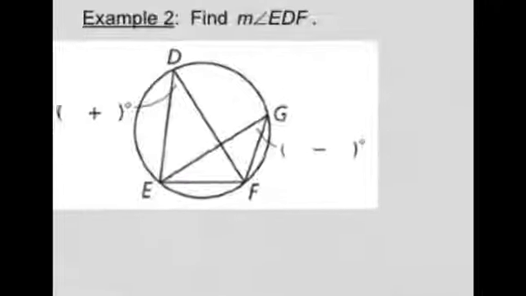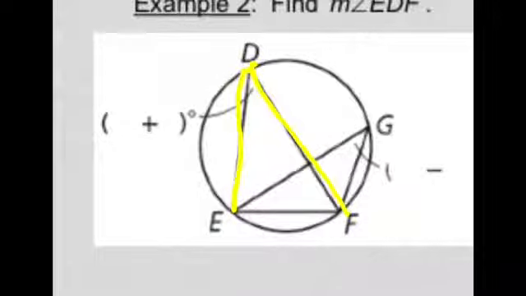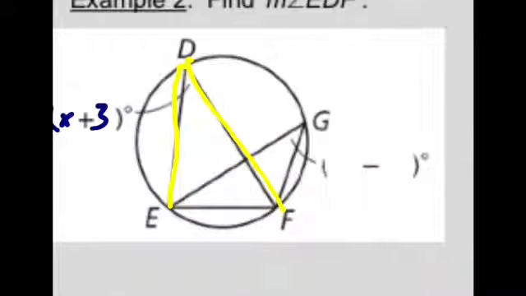Okidoki. Find the measure of EDF. So they want us to find this guy right here, EDF. And they give you 2x plus 3, and then we've got 75 minus 2x.